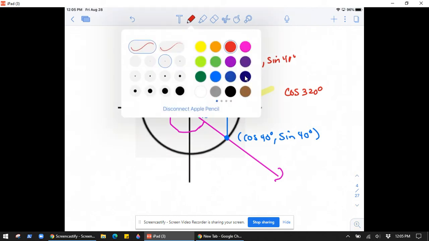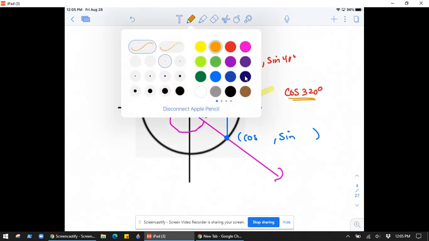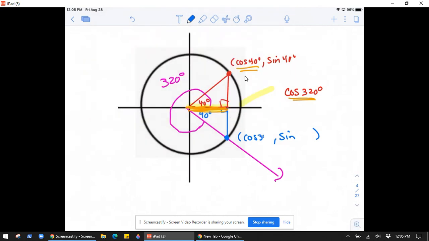But the key idea is that this x-coordinate is this length, but so is, oh, you know what? I goofed. This is not what I meant. Sorry, fix this. It's supposed to be 320 degrees. My bad.